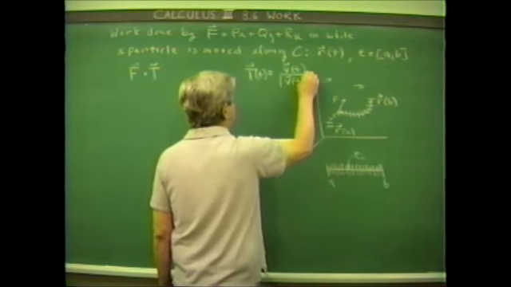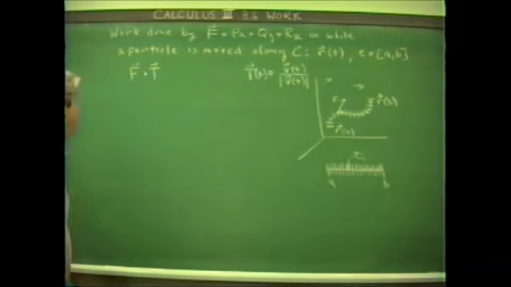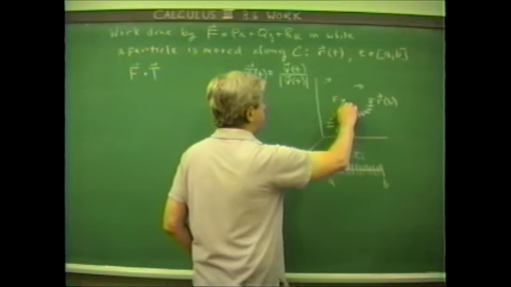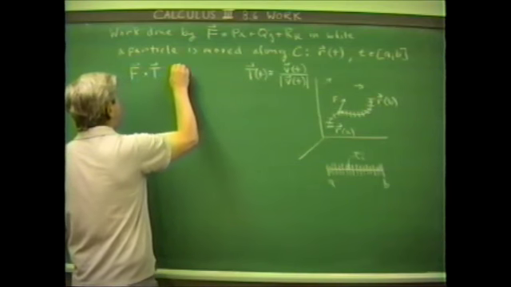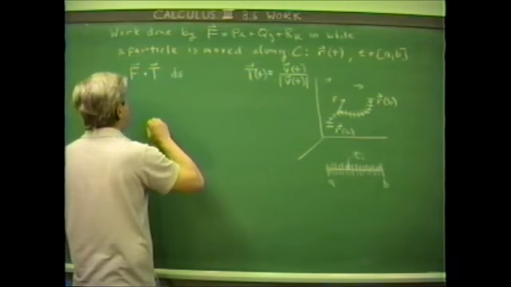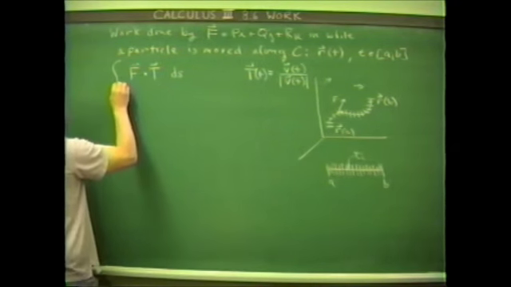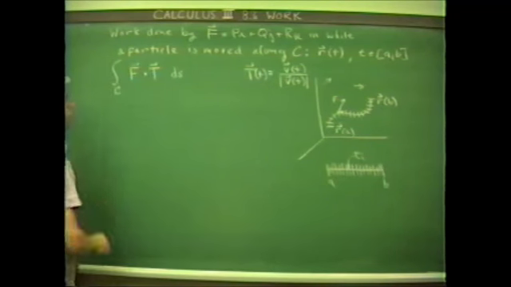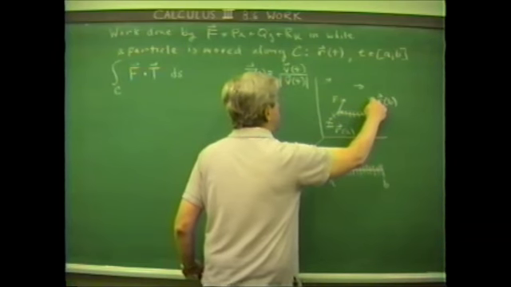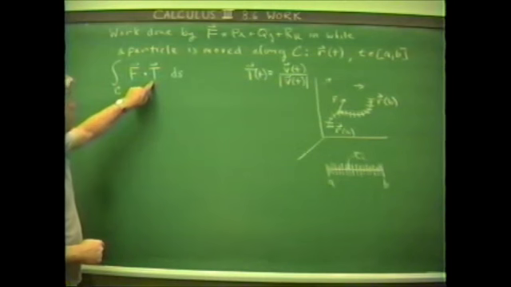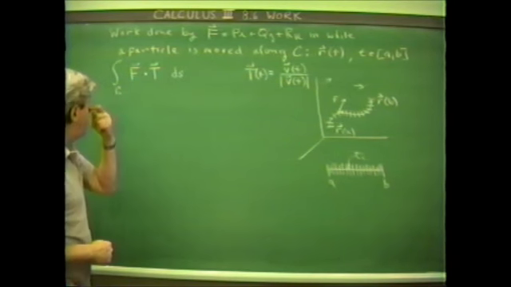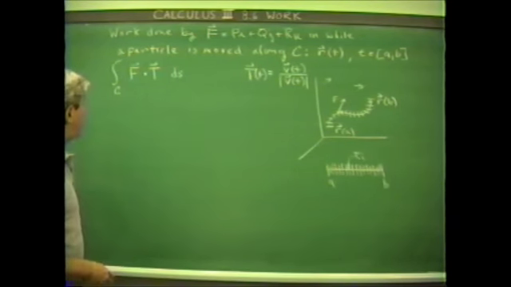That gives you the component of the force in the direction of the motion. Then we multiply that by the small distance traversed, ds, and integrate this over the curve C. Now, if the motion goes in this direction and you get a positive value, then going the opposite direction will give you a negative value, because the tangent will be the negative of the tangent in the positive direction.